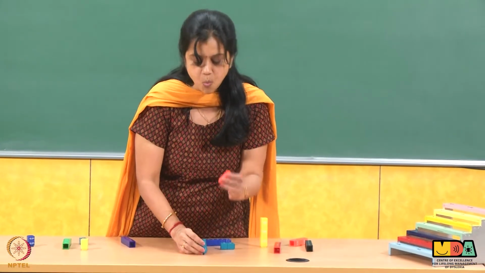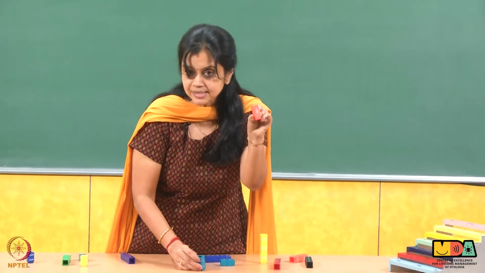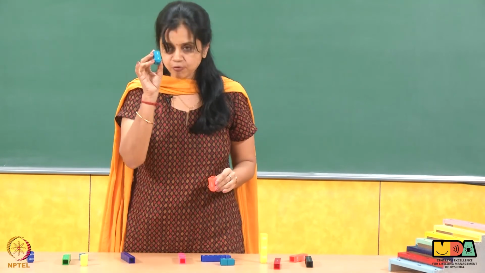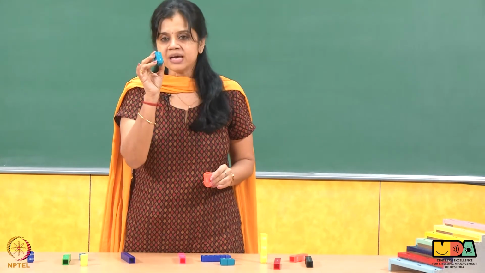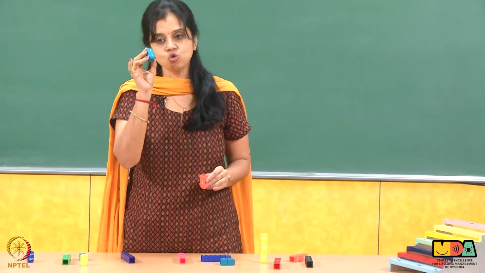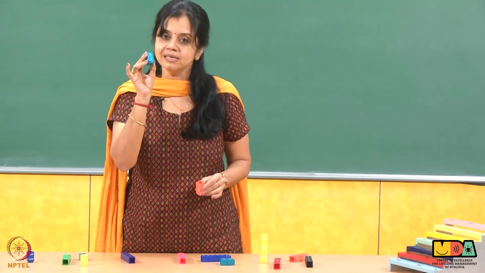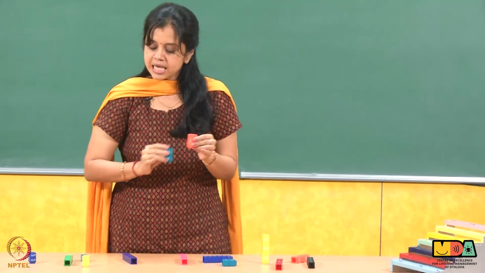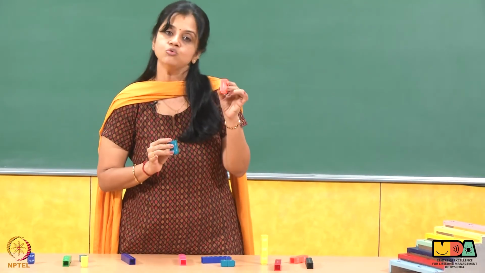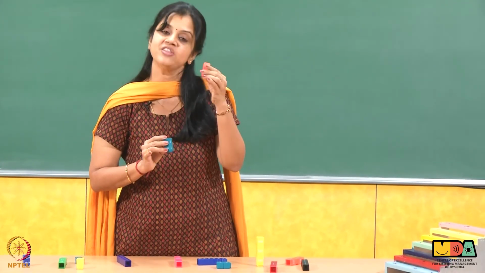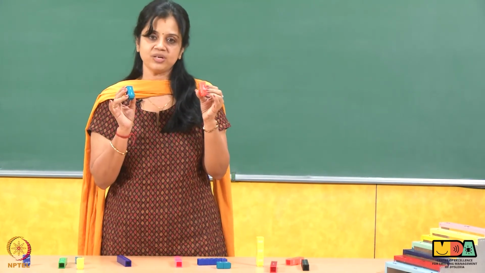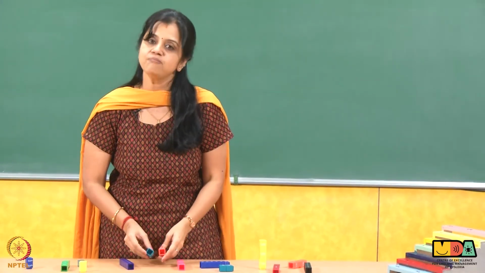So, 1/3 is the same as 2 parts of 1/6. So, 2 parts of 1/6 is the same as 2/6. So, 1/3 and 2/6 are the same. So, this way they learn how to do equivalent fractions, or they understand the concept of equivalent fractions using these blocks.